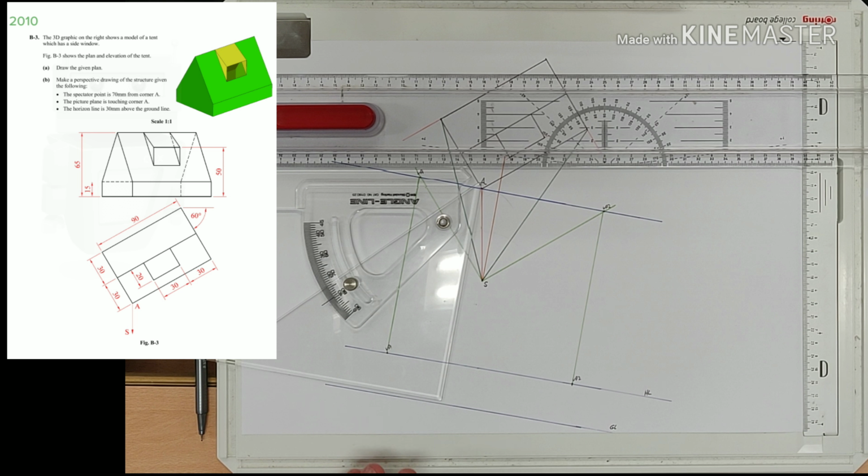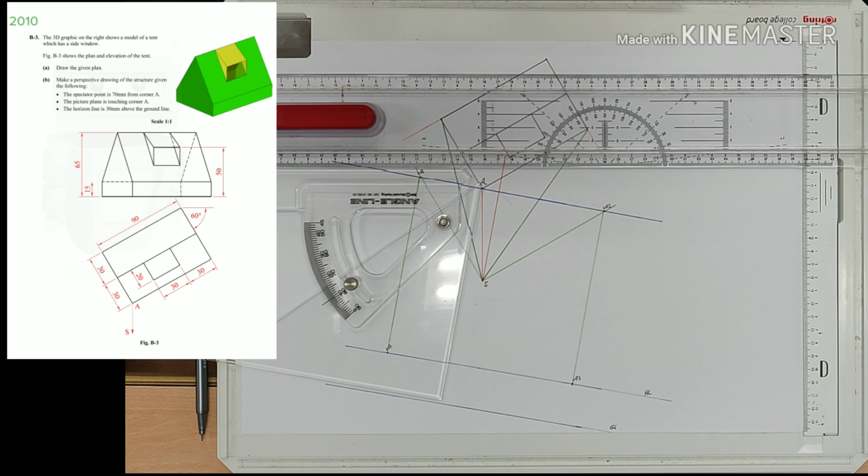So I'm going to project him down with my orange marker. Because he touches the picture plane, we don't have to bring him to the spectator first, because he's already on the picture plane. If the point was away from the picture plane, you'd have to first bring him to the spectator.